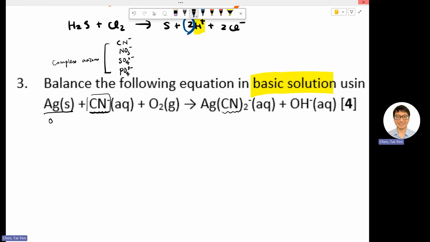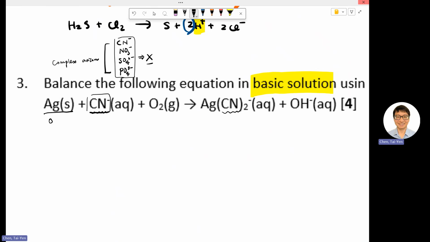Every time you see these complex anions, you don't actually worry about the redox reaction of all these species, because typically these things don't undergo a redox reaction by themselves. It is actually a very stable species. When you encounter a species like this, you can simply put them as an X.